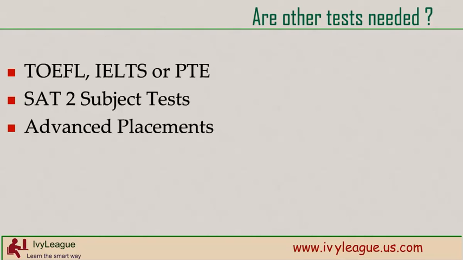Most SAT subject tests are offered on the same day as the regular SAT reasoning test. Therefore, students cannot take both the SAT reasoning test and subject tests on the same day.